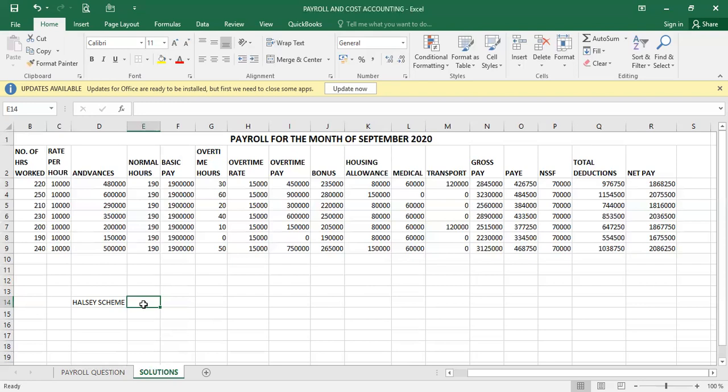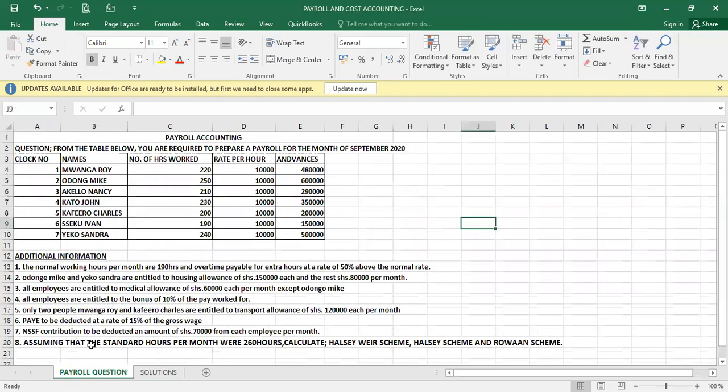When you do that, they expect to appreciate you, because if they were to spend those more hours, they could be putting in a lot of money. Like here, we are saying that the standard hours set within the organization were 260 hours to finish the job.